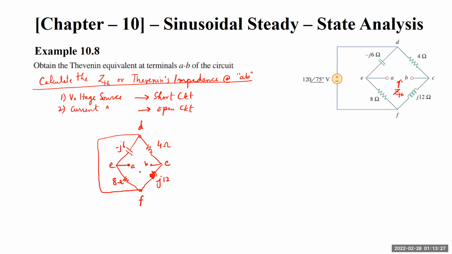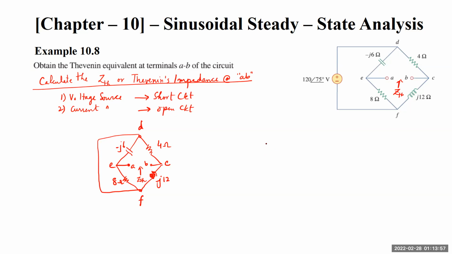Now we have to find the effective impedance that is seen at this point. So we simplify the circuit. Points D and F are at the same potential because they are shorted together. So we can draw this circuit in a manner in which F and D are at the same potential.